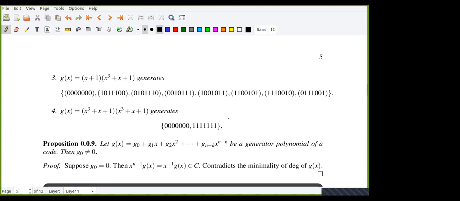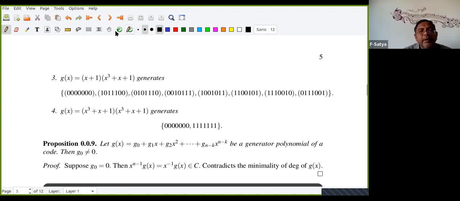What is that I'm saying? See, you are multiplying a of x into g of x, right? This is a cyclic code, the entire C, right? Now when I'm working with x power 7 minus 1, what are the degrees of the elements in C?